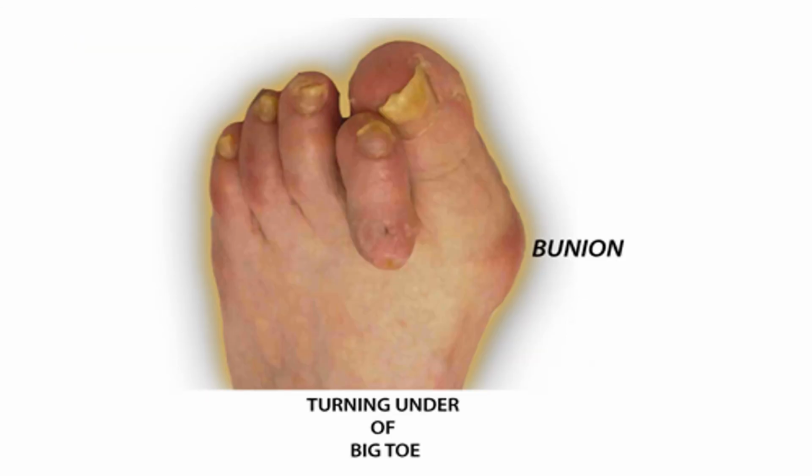Now next is bunion. As we know, the hallux is formed by two joints. This joint is known as the metatarsophalangeal joint, and there is the interphalangeal joint. Bunion develops at the metatarsophalangeal joint, and the joint is now laterally rotated and deformed, and the deformity is due to ill-fitting shoes, mainly narrow shoes.